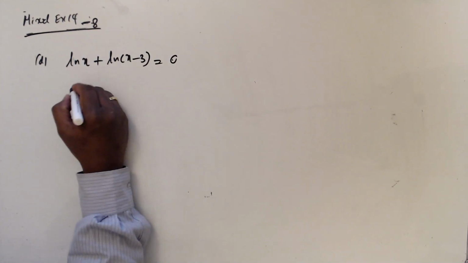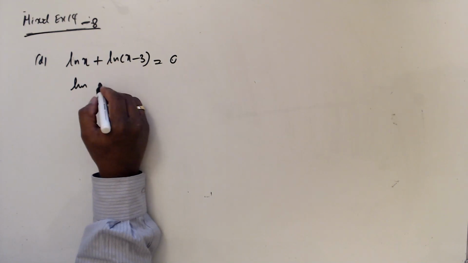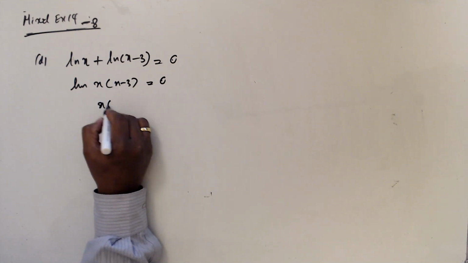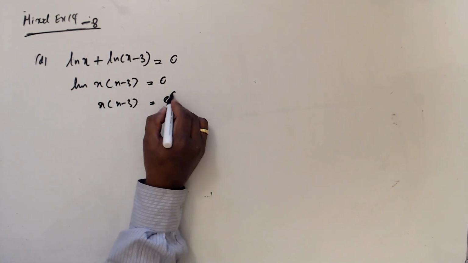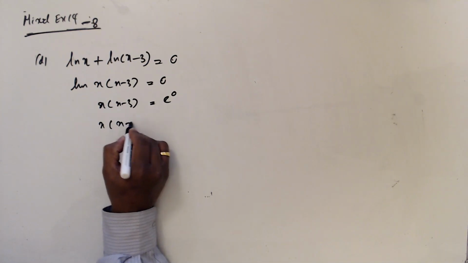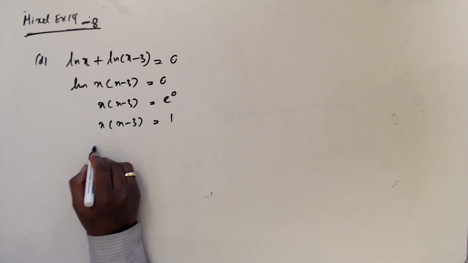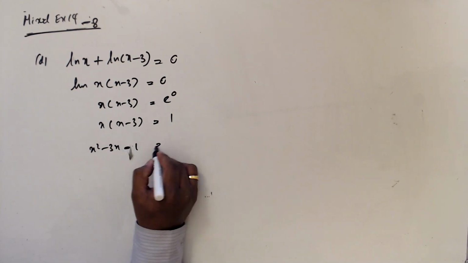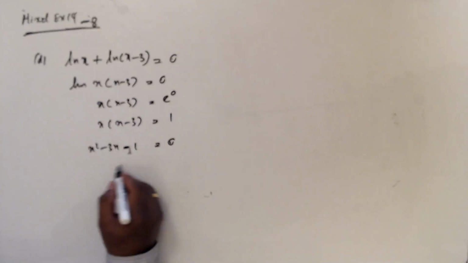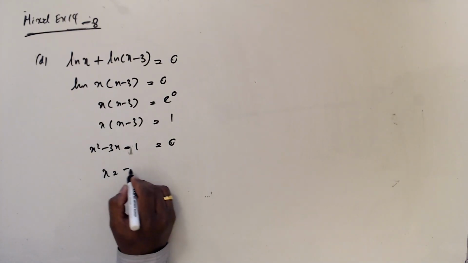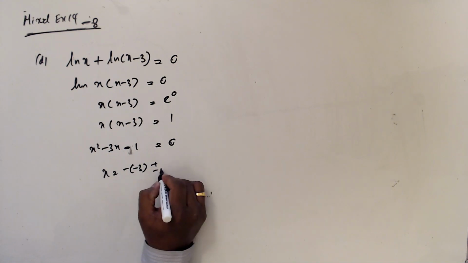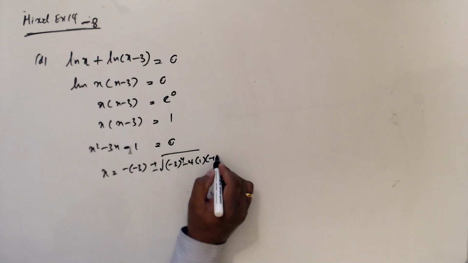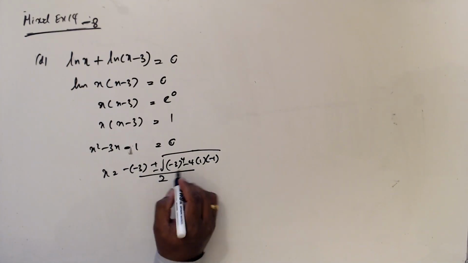And this is ln of x times x minus 3 equals 0. x times x minus 3 equal e to the power 0. x times x minus 3 equal 1. So x square minus 3x plus 1 minus 1 equal 0. So we have to write the quadratic formula: minus b plus or minus square root of b square minus 4ac, over 2a.